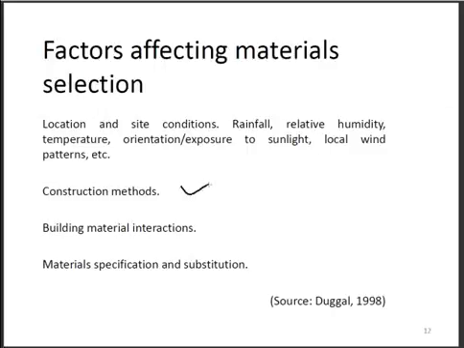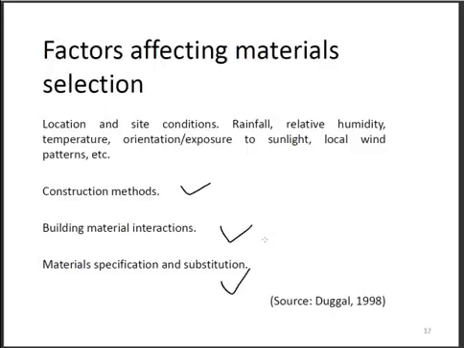And also there are construction methods. Some are steel structures and some other buildings are concrete structures, and it depends on the structure that you will choose your building materials. And also there is building materials interaction, such as galvanic corrosion we discussed earlier. And of course, material specification and substitution.